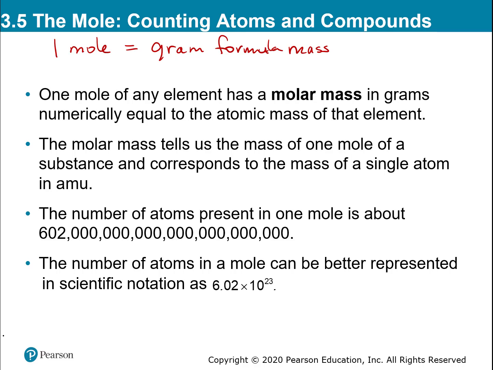And so he was trying to determine how far apart are molecules compared to their atomic mass. So how big are they? How far apart are they? And then how many particles would actually be in that mass amount. And he actually got really, really close, considering he did this like 400 years ago. So this was not something that just happened anytime soon. It was quite a long time ago.